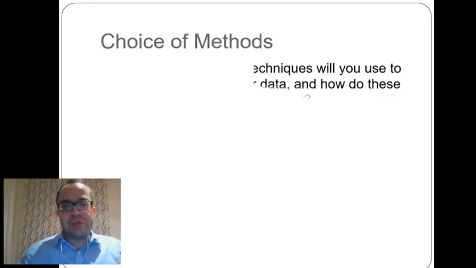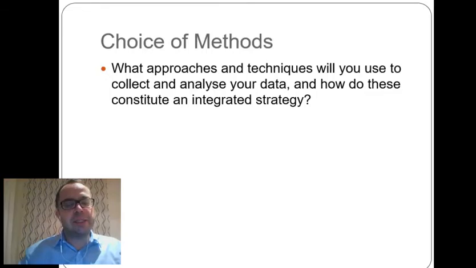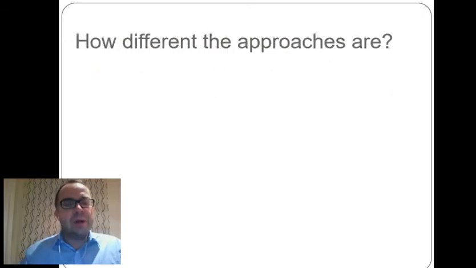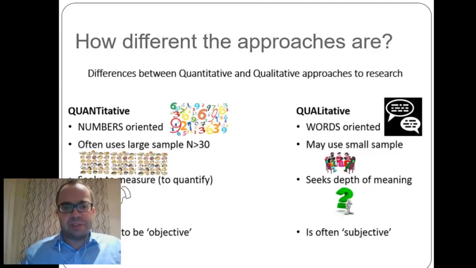The choice of methods will certainly depend on the approaches and techniques which you're going to use to collect and analyze your data. The techniques are pretty much different. The quantitative techniques will predominantly have to do with numbers.